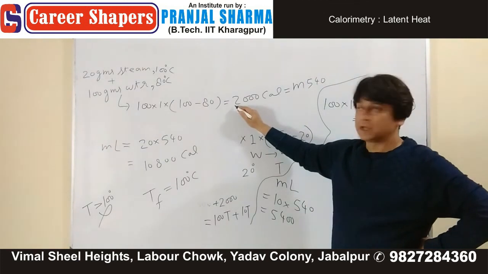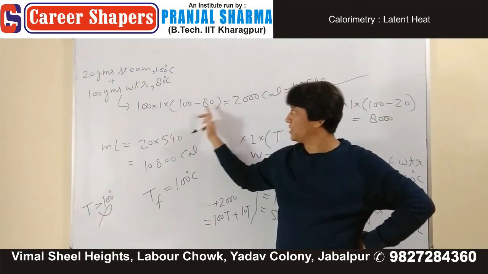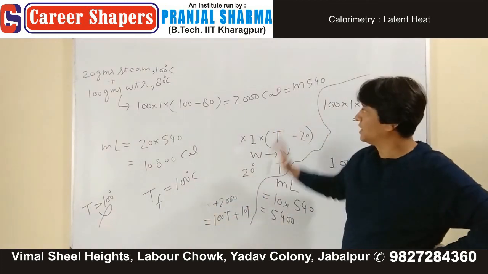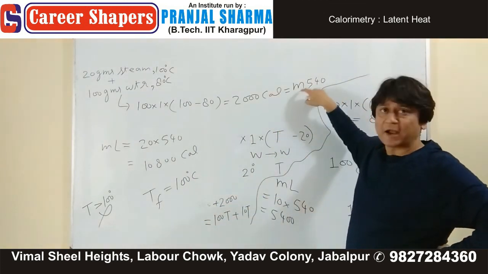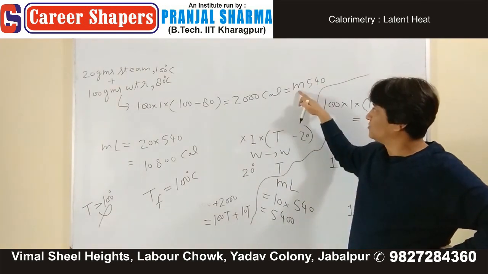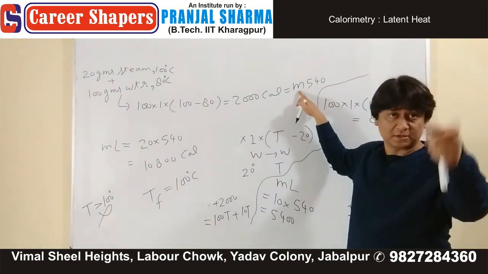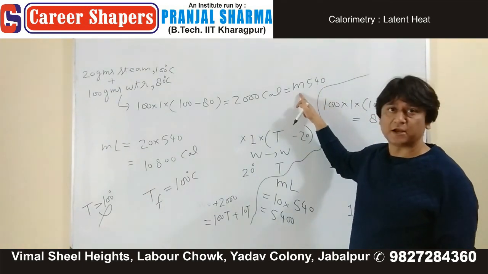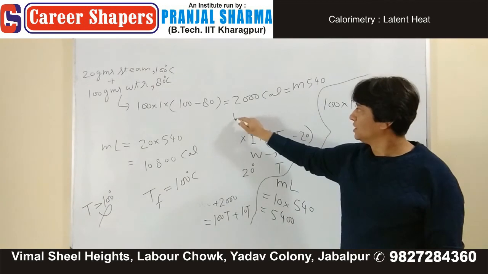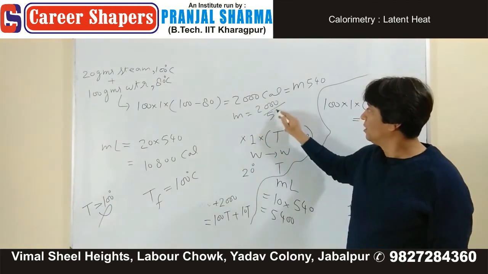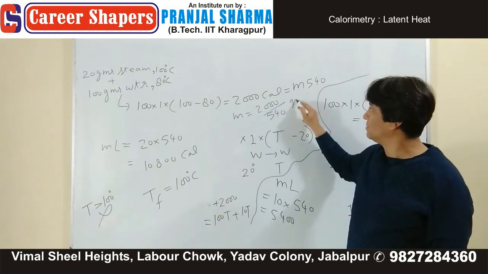Water says if you want to increase my temperature from 80 to 100, because the final temperature is 100, then n grams of steam should condense. How much is the energy supplied? M into 540. So this is giving you M, which is 2000 divided by 540 grams.